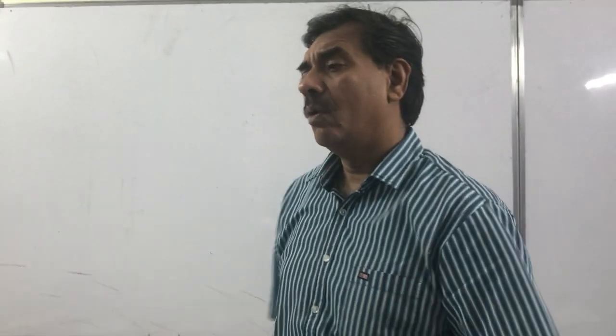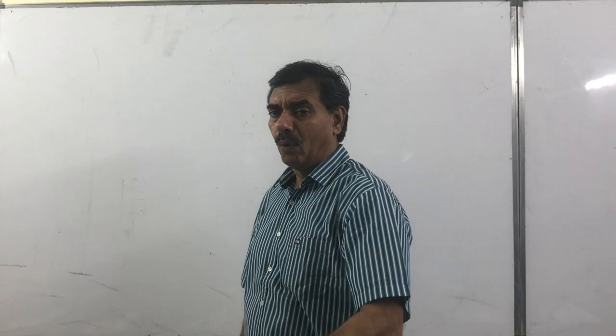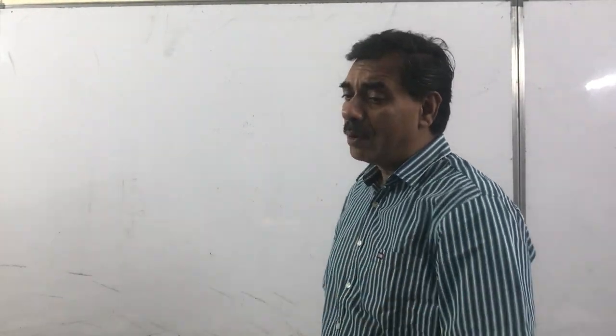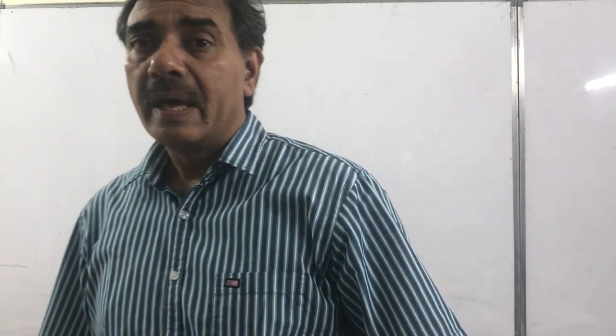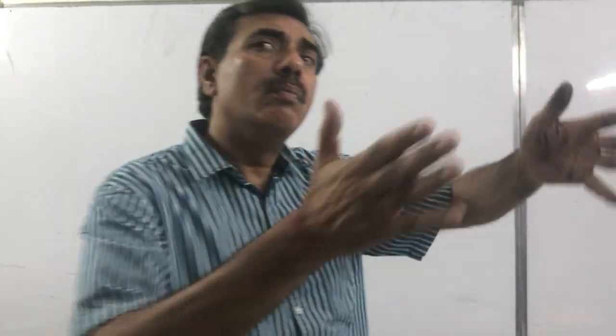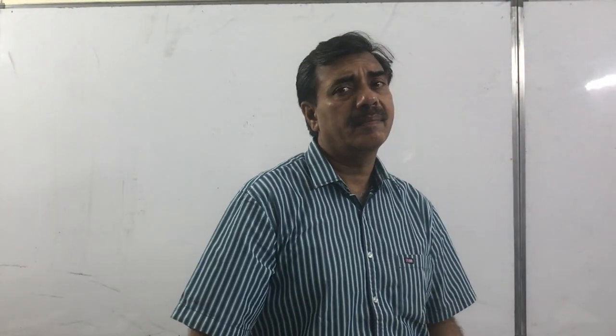Say anything else. Density, mass upon volume. Volume we know is length cubed. Speed, distance over time: some kind of a length upon time. Acceleration, speed upon time. Speed is length upon time, upon another time. Whatever quantity you say in mechanics, it can be reduced to mass, length and time.